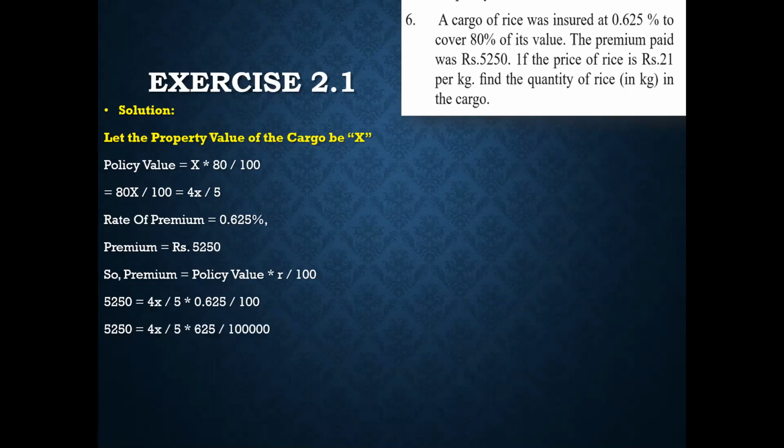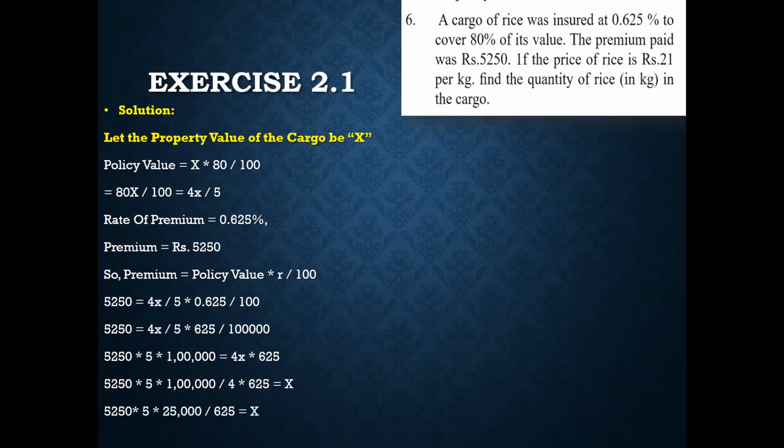I have removed the decimal first. So it comes to 625 divided by 1 lakh. I have taken both the denominators 5 and 1 lakh that side, cross multiplied. Then I took 4 and 625 downwards and it converted into division. Then I have done the cancellation. 4 ones are 4, 25,000, that is 1 lakh I've cancelled.